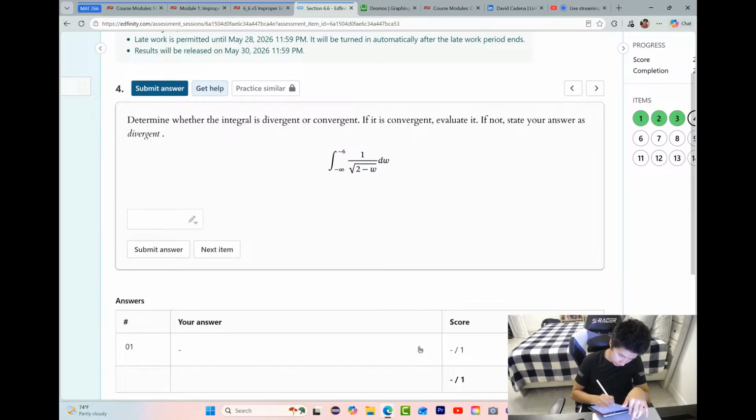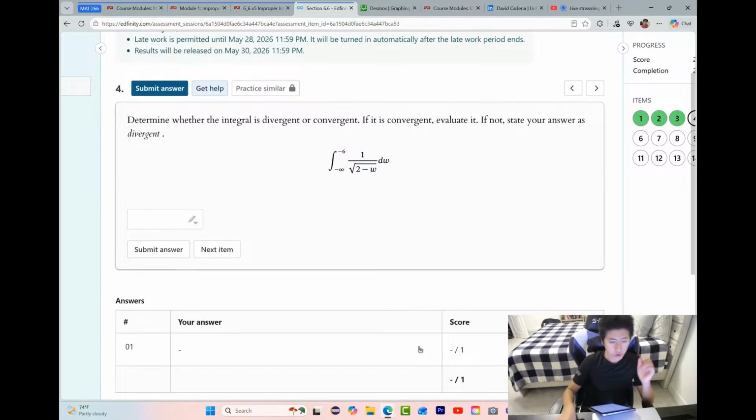The limit as t tends to negative infinity of the integral from t to negative 6 of 1 over square root of 2 minus w dw.